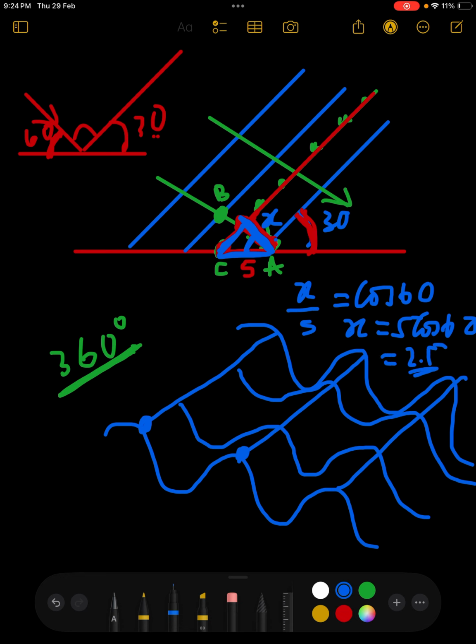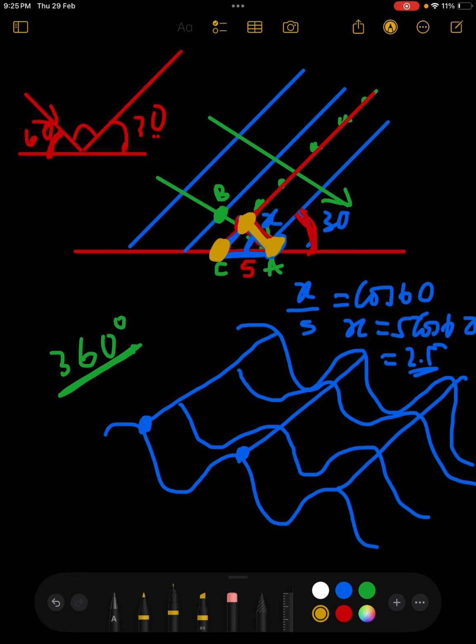So the distance between this particle and this particle is 2.5. But remember, this particle is in phase with the particle at C, so the phase difference between these two particles is the phase difference between the particle at A and the particle at C.